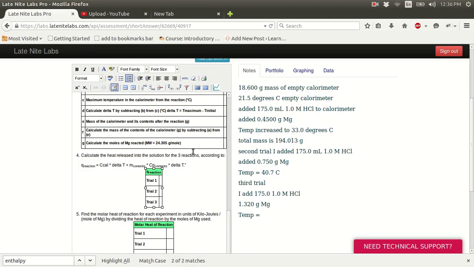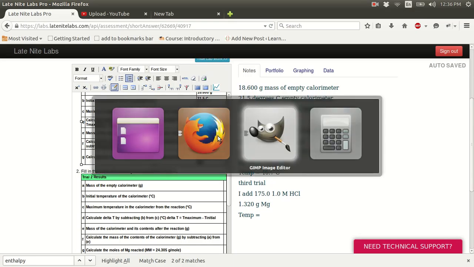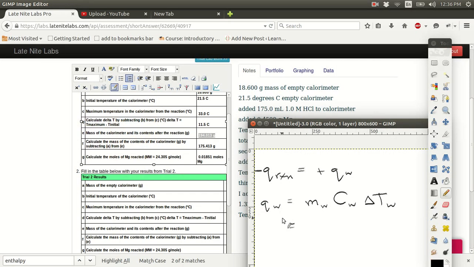So that means the mass that I took here, 194.013, except for the magnesium, which was 0.45 grams, is mostly water. So to get just the mass of the water, I'm going to do 194.013 grams, which was the mass of the whole calorimeter, minus the mass of the calorimeter, 18.600 grams, minus the mass of the magnesium.